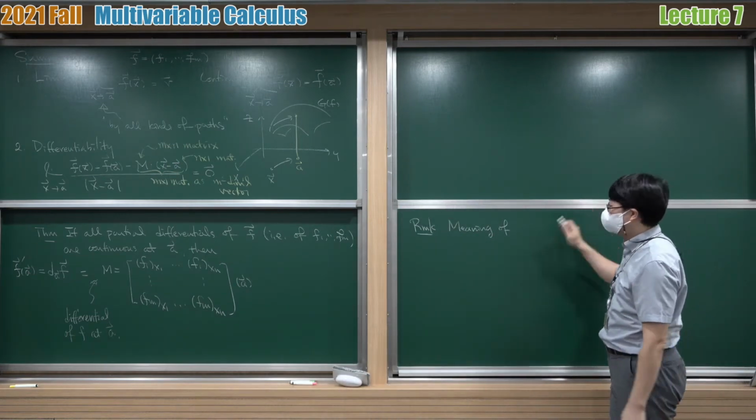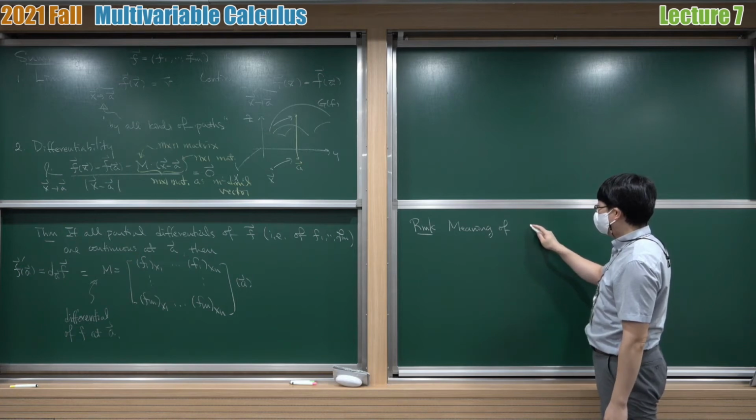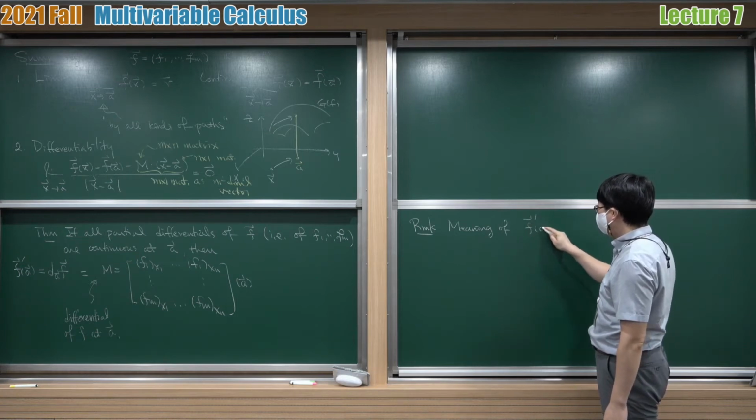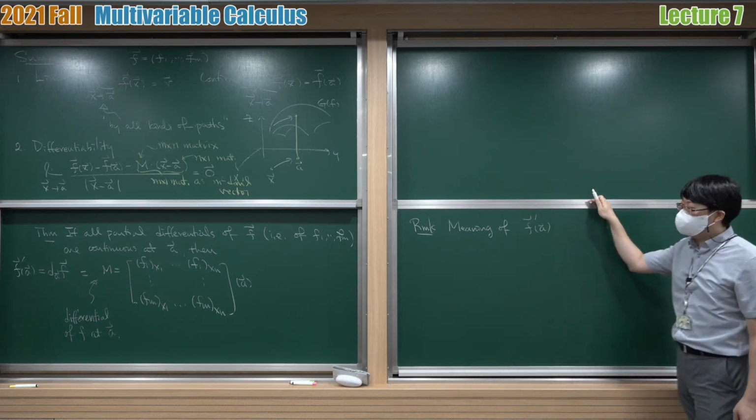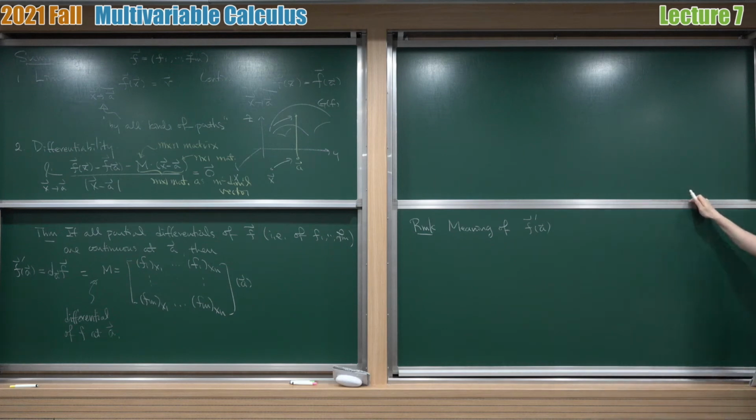Well, let's take an easy notation of differential. What's the meaning of differential? First of all, this differential is a matrix. When you talk about the differential of a single-valued function, this is a number, but a single number is considered as a 1-by-1 matrix. So you can also think about the differential of a single-valued function as a matrix too.